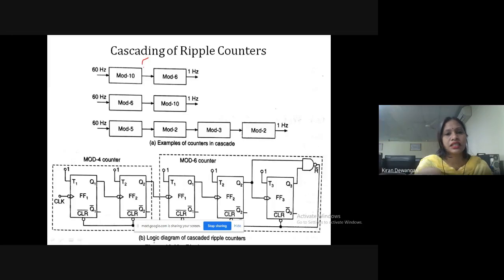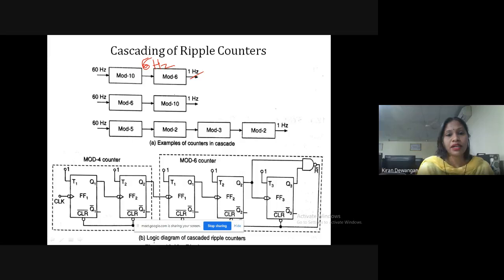Now when this 6 hertz is given to the mod 6 counter, the frequency is getting divided by the mod number. Okay, so 60 hertz divided by 10 will be 6. Again, this 6 hertz frequency, when given to the mod 6 counter, the output will be 1 hertz.